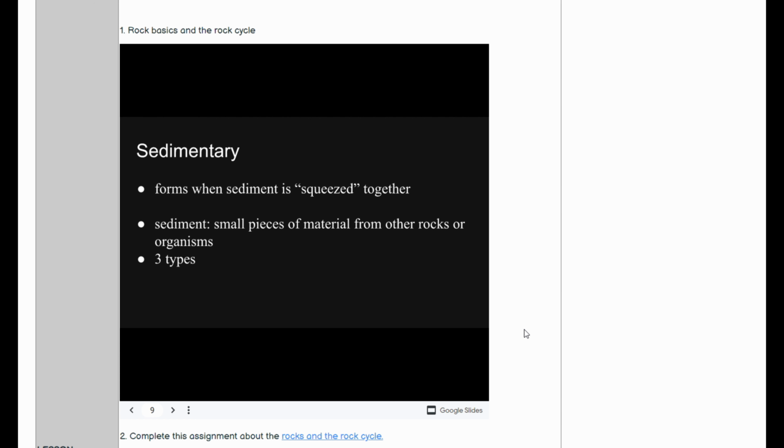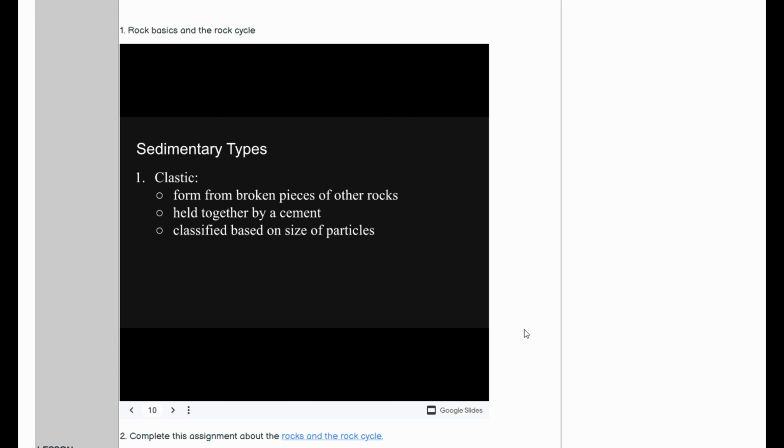So we have three types of sedimentary rocks that we are looking at. The first type of sedimentary rock is called clastic. Clastic rock forms from broken pieces of other rocks. So when things get chipped off of other rocks, that is going to be a clastic rock when those get forced together by pressure.